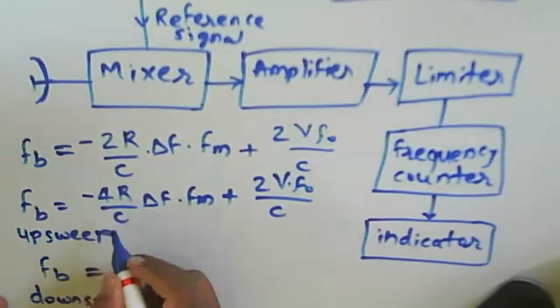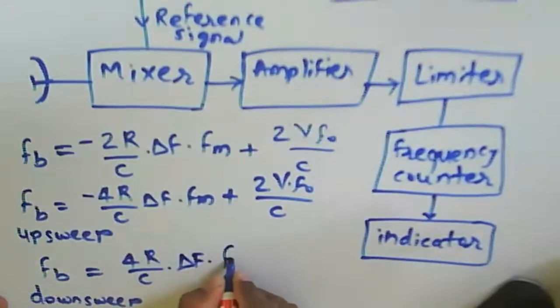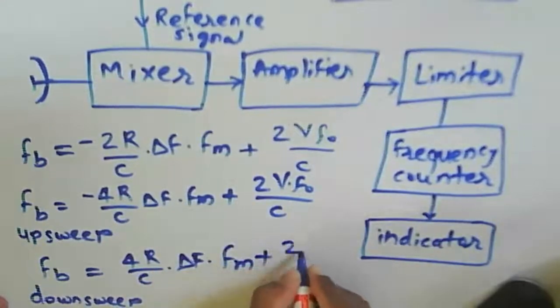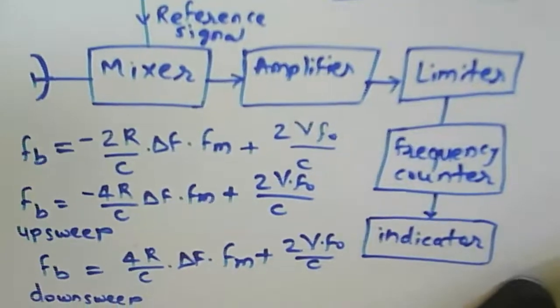Instead of minus 4, it will be a positive one, 4R, that slope by C. So delta F Fm plus 2 v F0 by C. Okay, so now we can define for the given particular case what will be the change in the frequency and what will be the velocity.